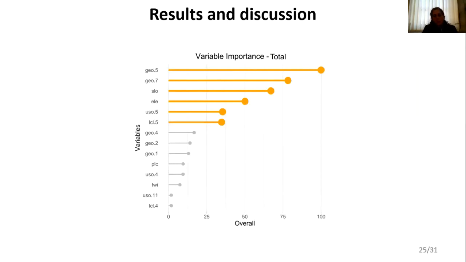The most important variables of this model are some classes of lithology, slope, elevation, and some classes of land use and landform classification. And these classes are also the most affected by the landslides.